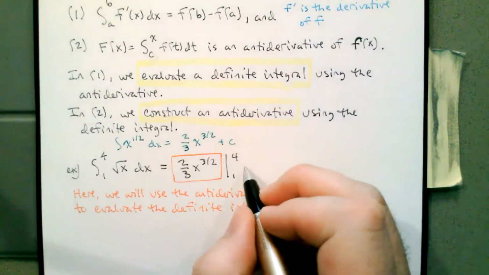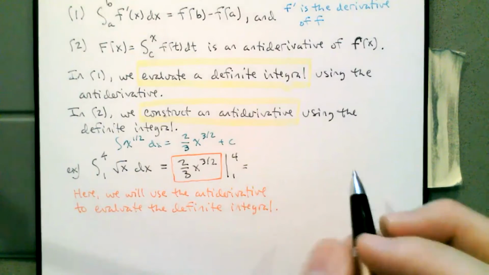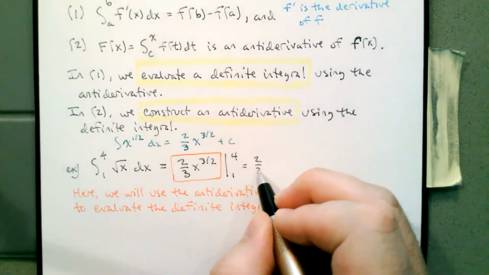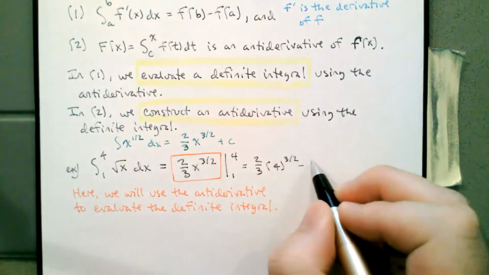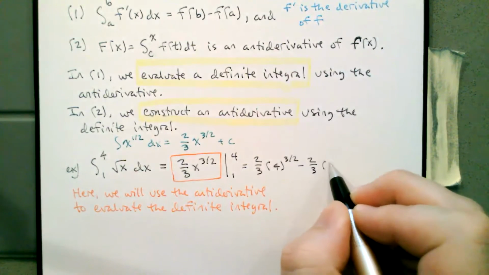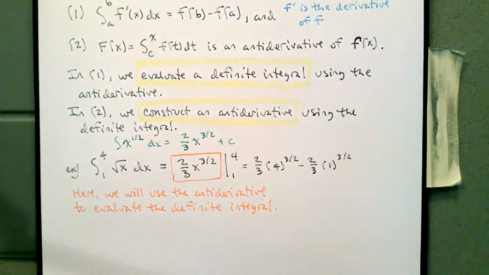So this means we find F at b and subtract F at a. So 2/3 times 4 to the 3/2 minus 2/3 times 1 to the 3/2.